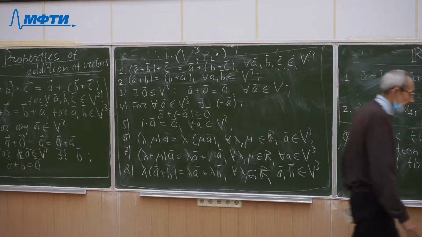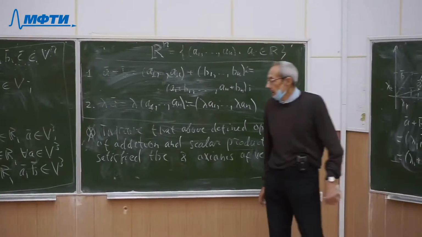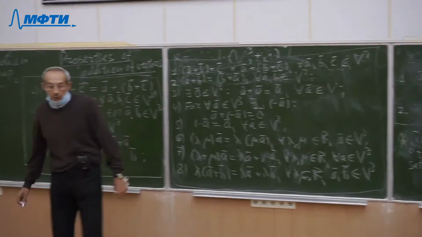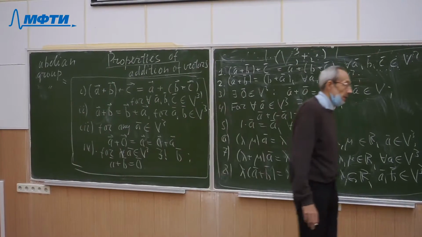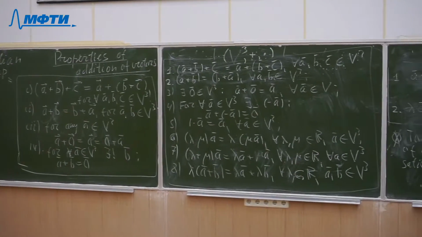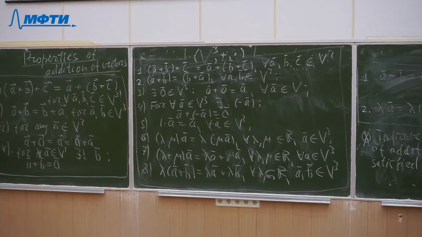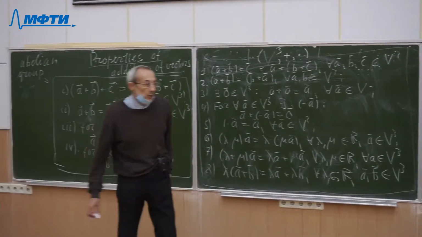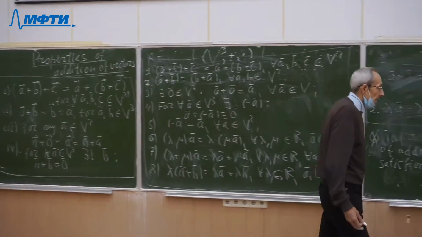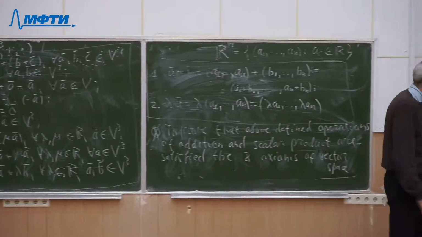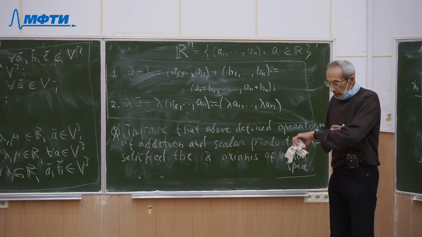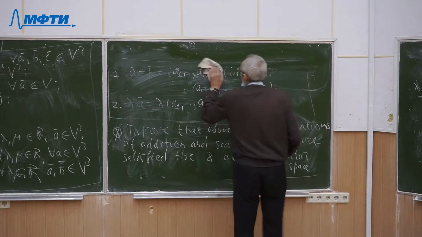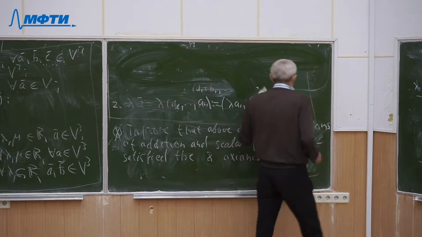I need the following important notions: linear independent vectors, and the main notion of the basis in the vector space. This is the central notion of our further consideration. Let's formulate the first of these notions.